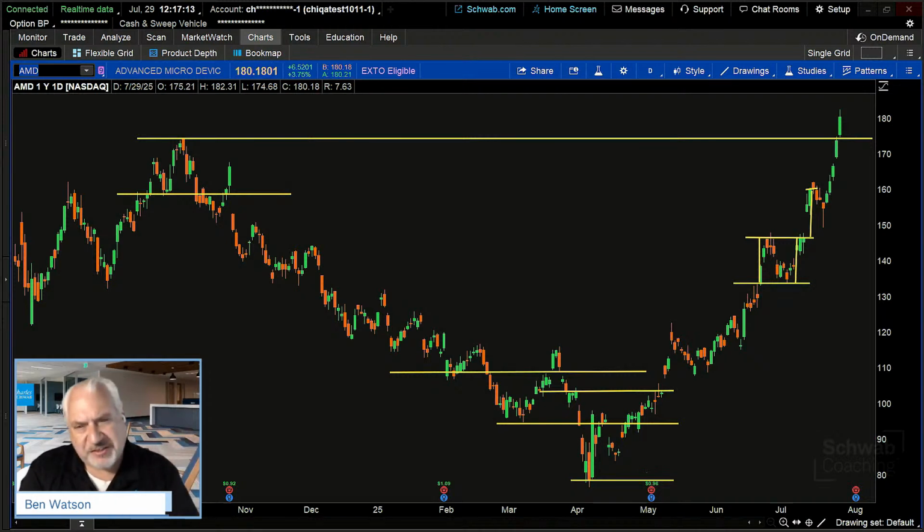I'm drawing these levels subjectively, based on what I see, discretionarily drawing them in where I see those levels of support and resistance existing, not some kind of AI system or some sort of technical indicator.